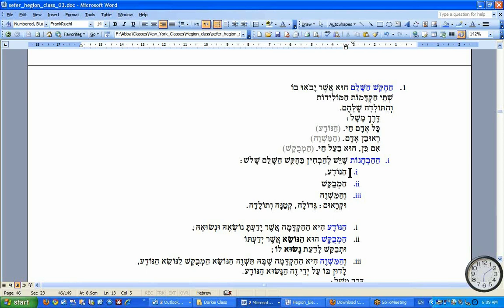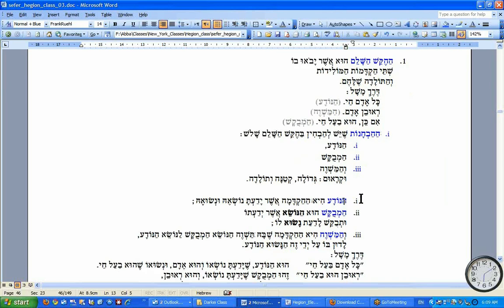It's interesting that he orders it in a slightly different way. I would have put the Mavukash at the end, and the Mashve, the middle term, in the middle. It's interesting why he does that. Anyway, I don't have an answer to that.